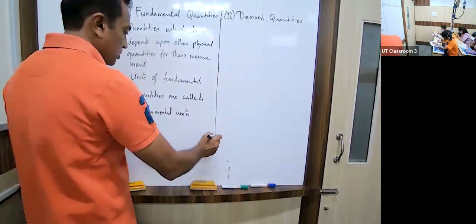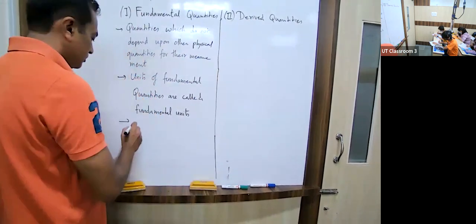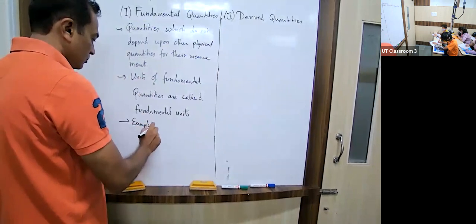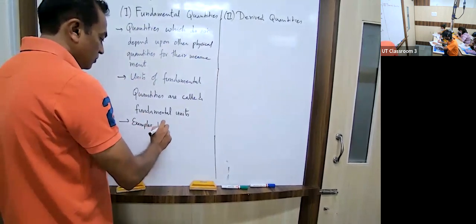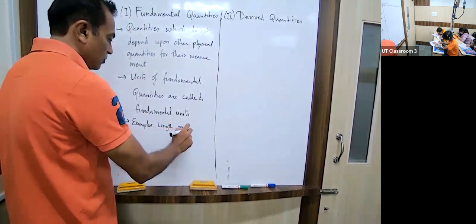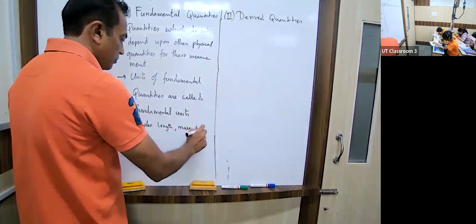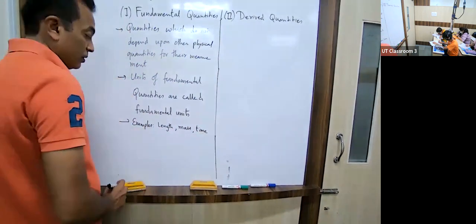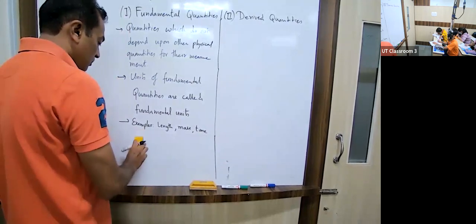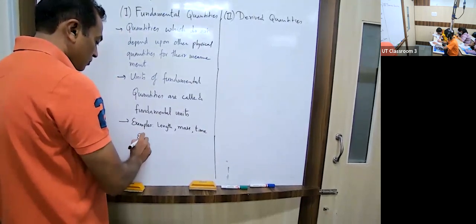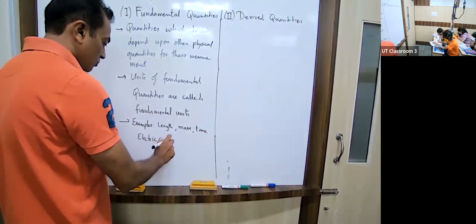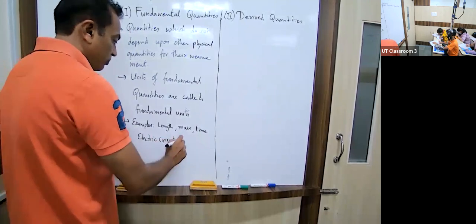So what are the examples of fundamental quantities? There's length, mass, time. Then you have current, electric current. Temperature.